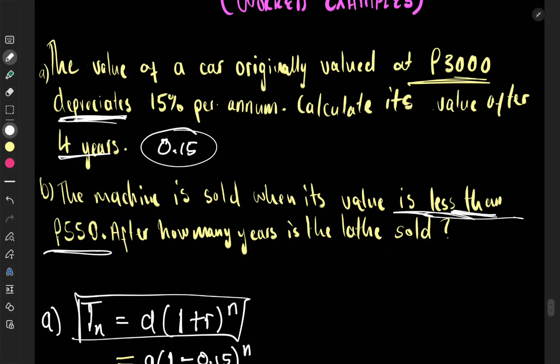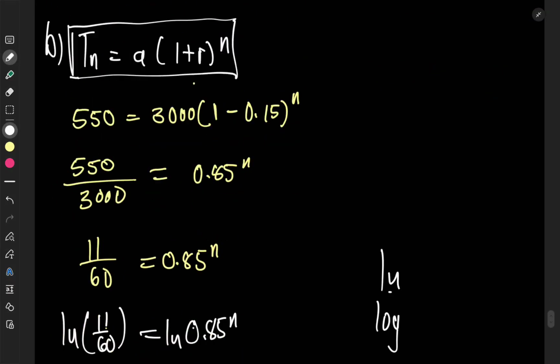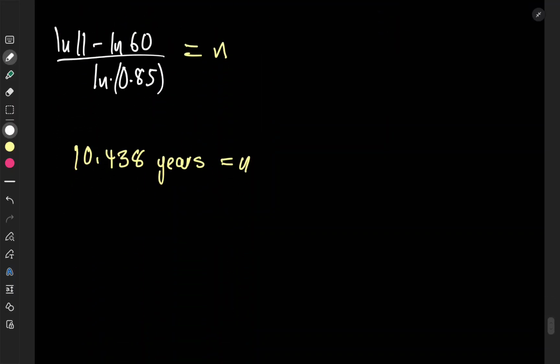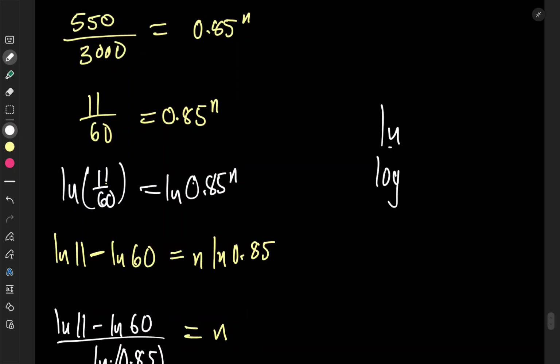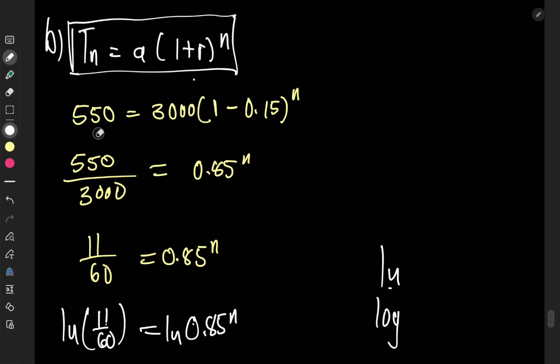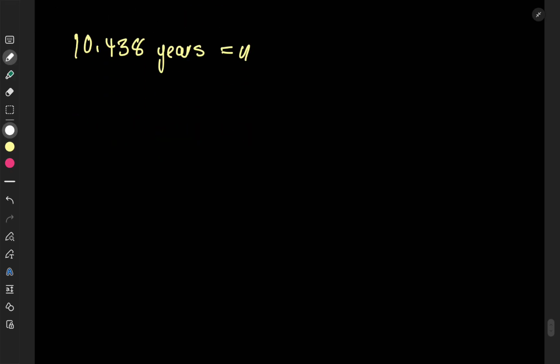But they want the value to be less than. So for it to be then less than, you can't say I'll round off. And since this is a 4, it's going to be 10 years. No, at 10 years, the value will still be greater than the 550, because remember, the value is going down more and more with time. We want the value to be less than 550, okay? So what would we have?